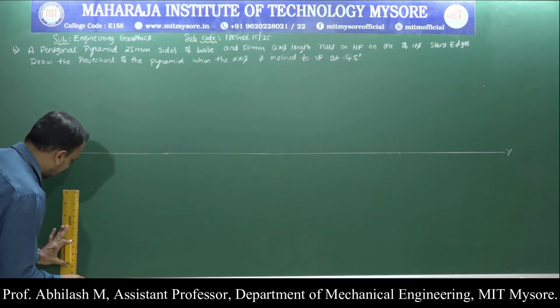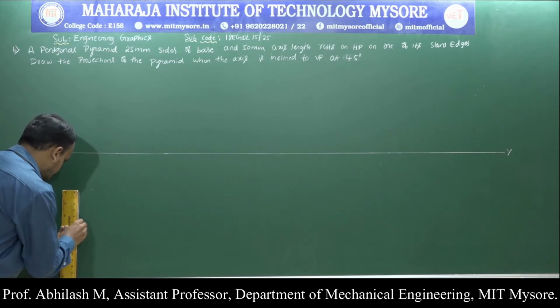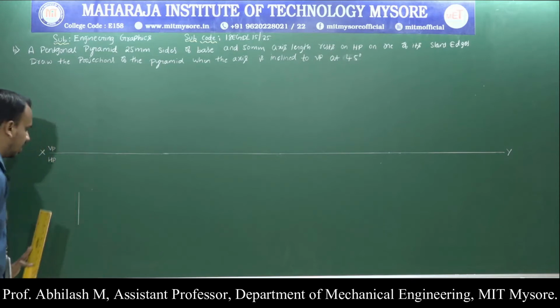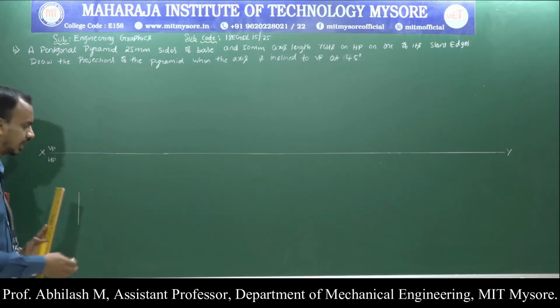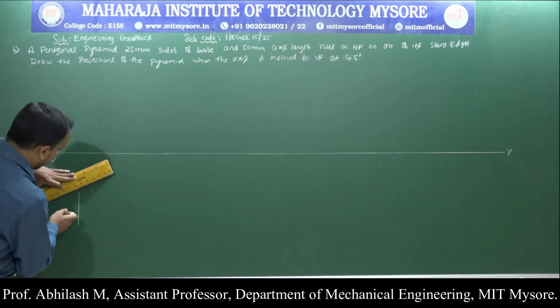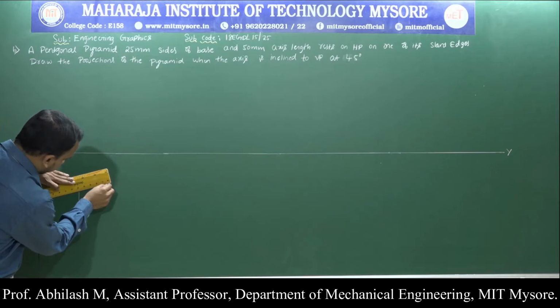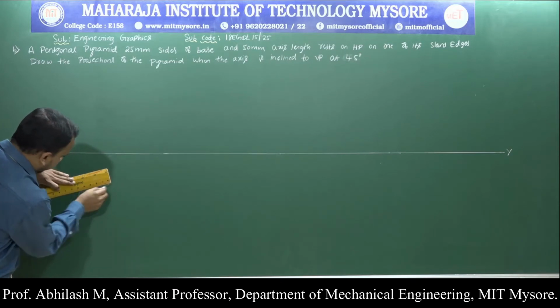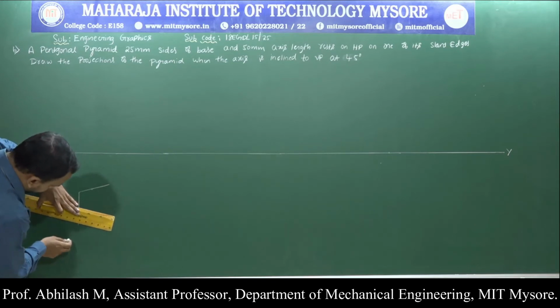First draw one of the base sides basically. Next, you know that the angle is 72 degree in order to construct the other two sides. For that, draw the construction, take the angle and complete the construction of the pentagon, ensuring that it is resting on the slant edge condition.